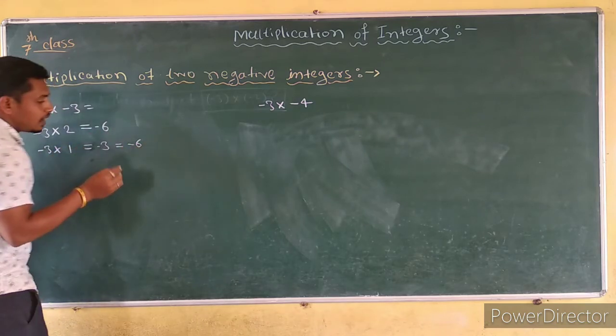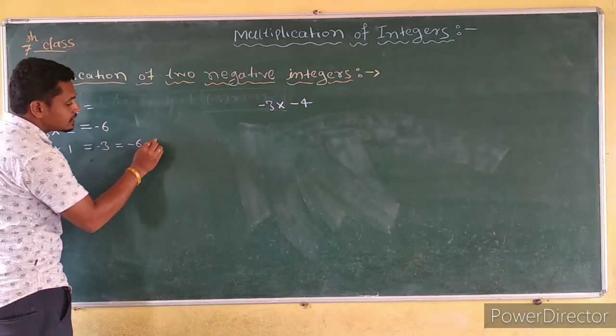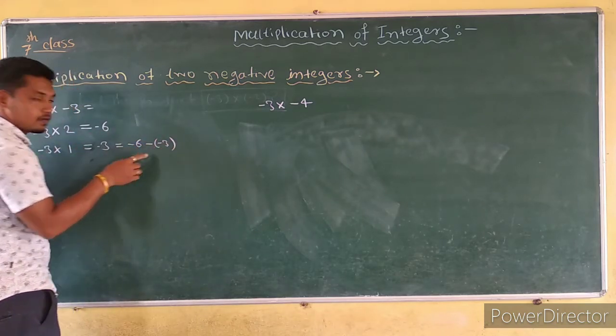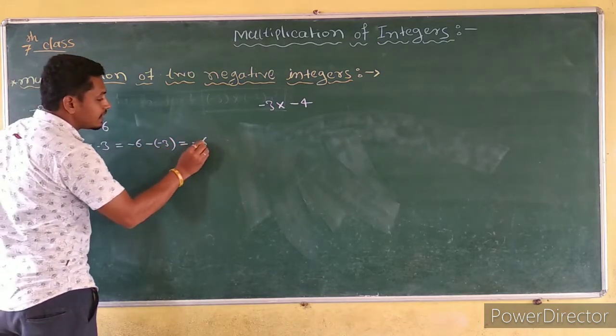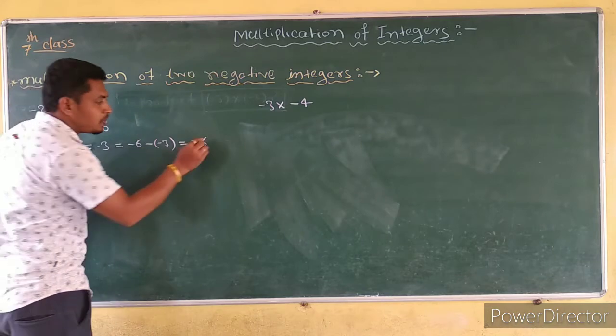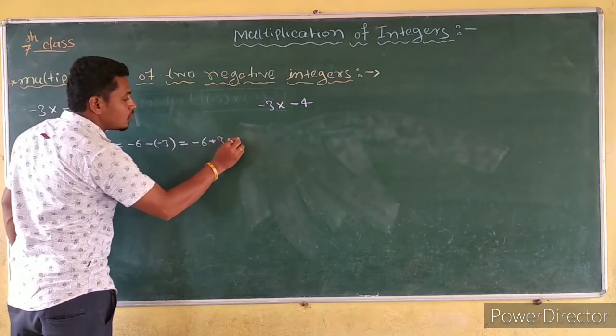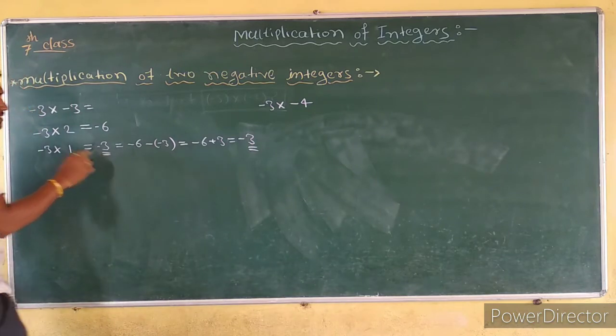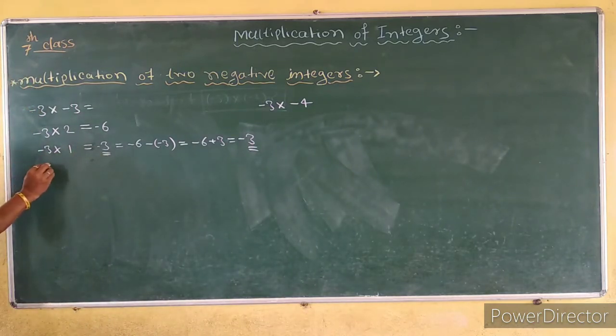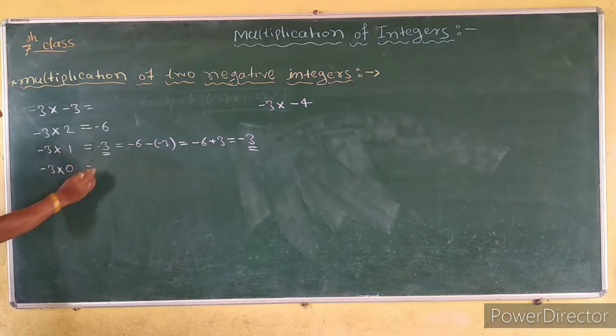Minus 3 means how it is, see here, minus into minus 3a is equal to minus 6, minus into minus is plus, so plus 3 is equal to minus 3. So minus 3 and minus 3, same now? Yes.